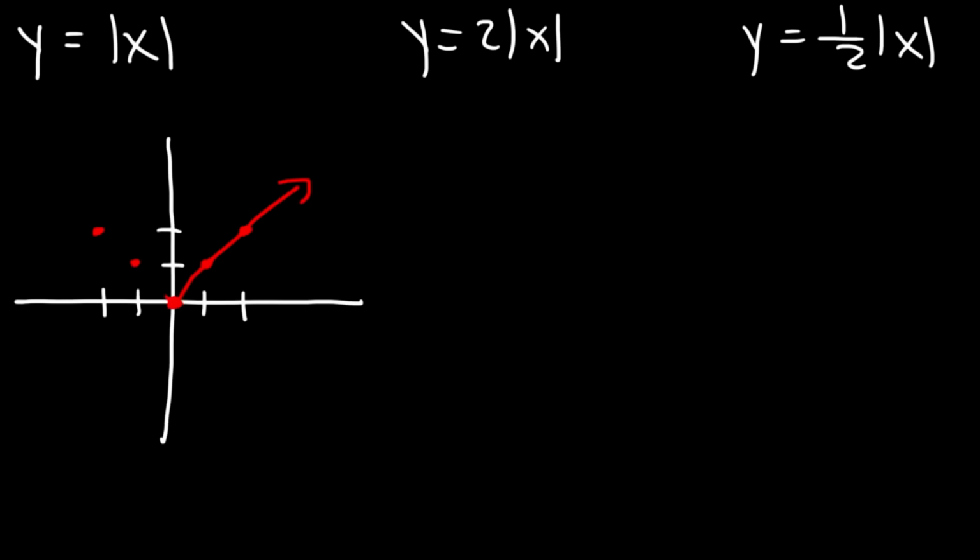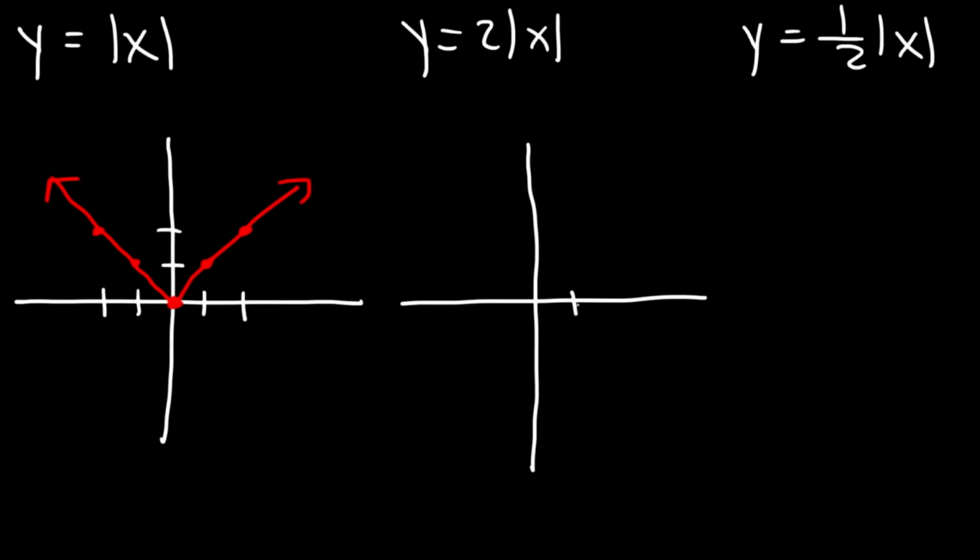And so that's the graph for the absolute value of x. Now for 2 times the absolute value of x, it's going to be as follows. We're still going to have the point 0, 0, but when x is 1, y is going to be 2. When x is 2, y is 4. And then it's symmetric about the y-axis, so the right side and the left side will look the same.